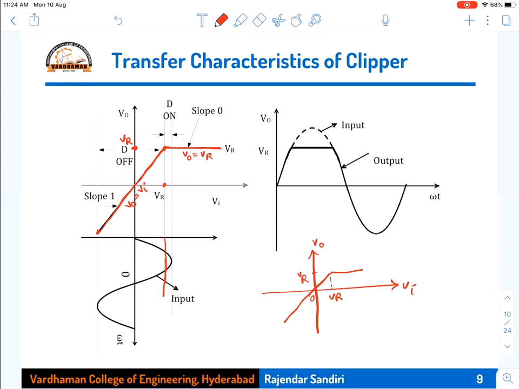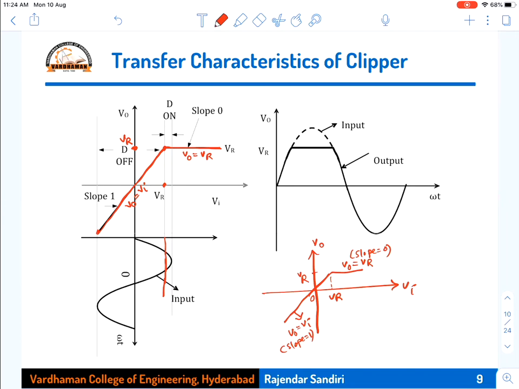I hope you understood. This is V naught is equal to Vr line, and this line is V naught is equal to Vi line. This slope is 1, this slope is 0. That's why, any line having slope 0 will be on the x-axis or parallel to x-axis. The slope is equal to 1, nothing but what?